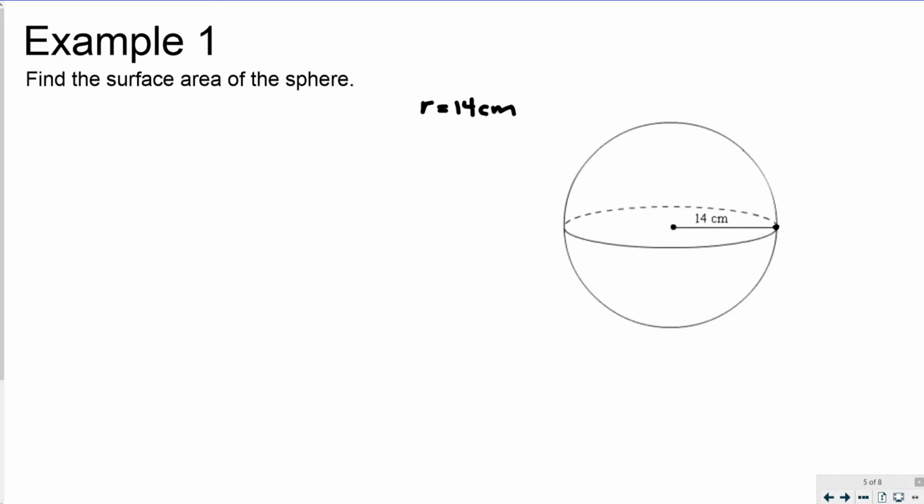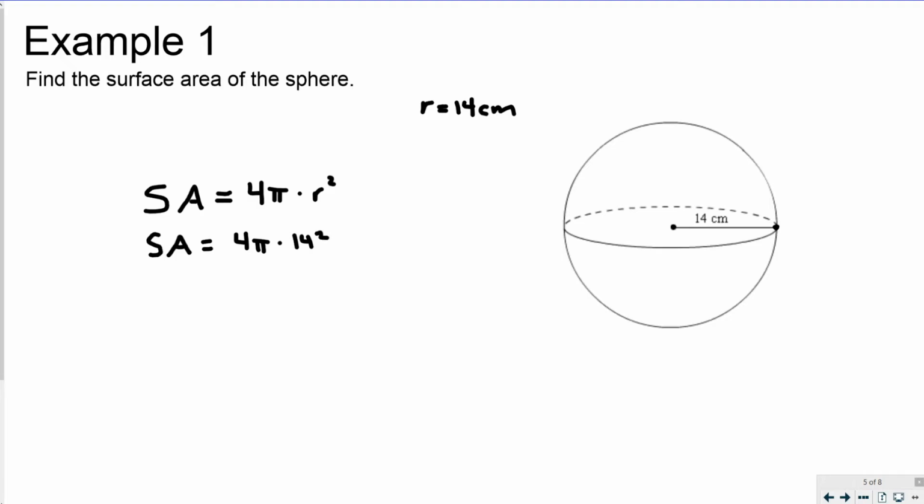So I'm just going to use my formula that the surface area is equal to 4 pi times r squared. So I will then plug in r. So surface area is equal to 4 pi times 14 squared.